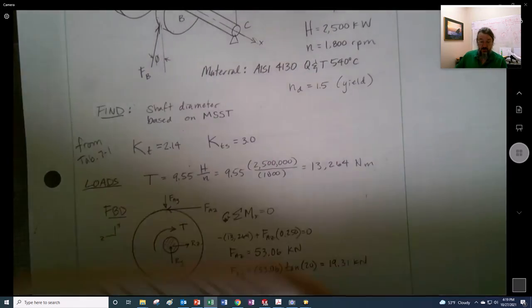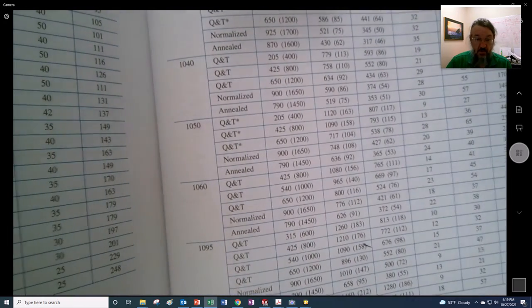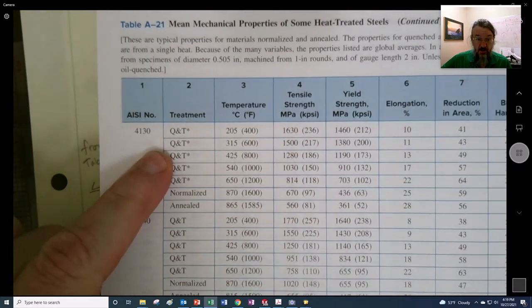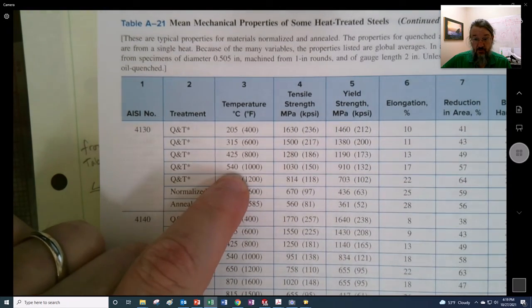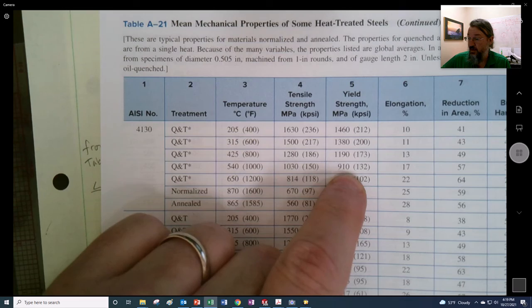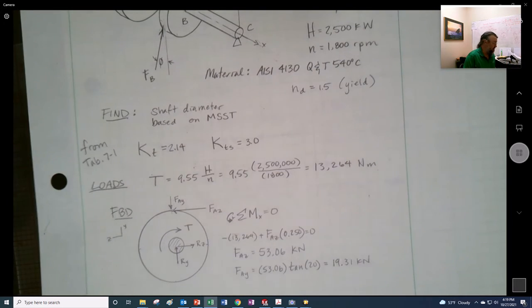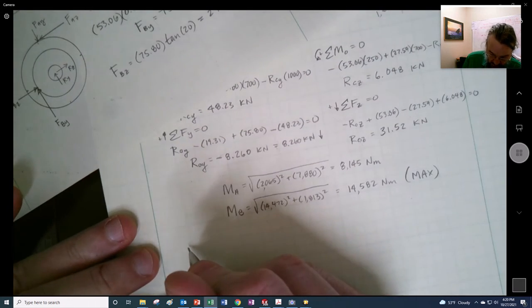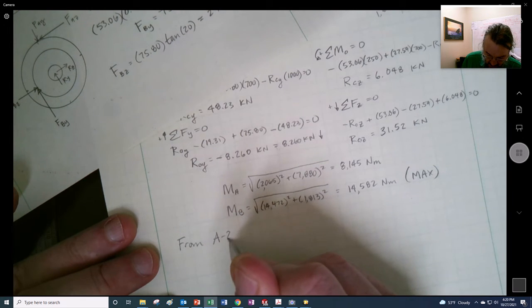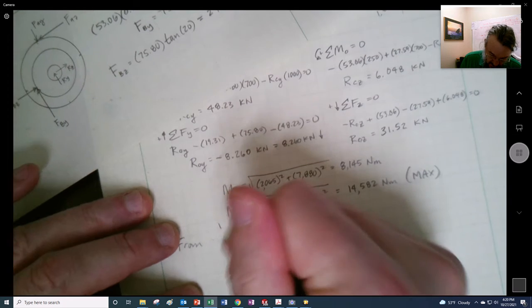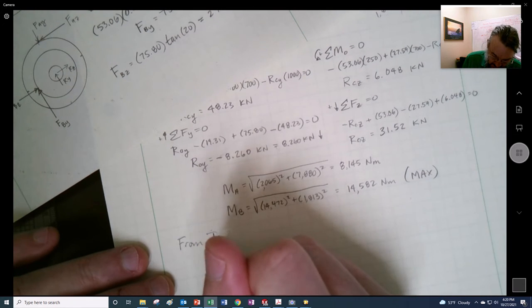Okay, so looking through here, 4130 at 540, yield strength of 910. Did I do that? Yes, 910 megapascals. So from Table A20.